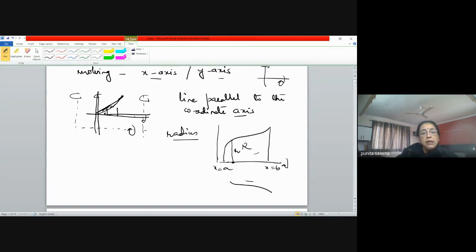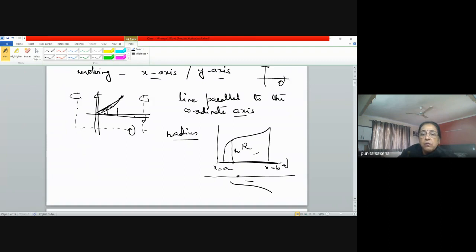But if you change your axis of revolution, so that now you are not revolving about this line but have defined a new line somewhere here, then your center does not lie on the x-axis now. Your center lies on this line.